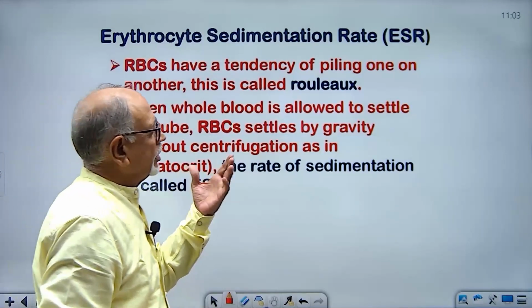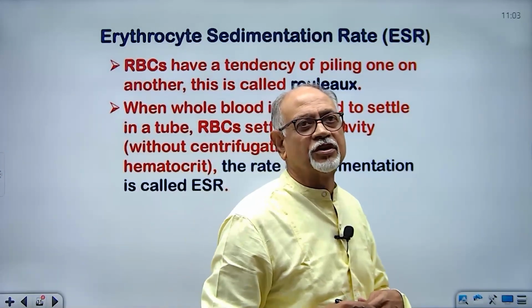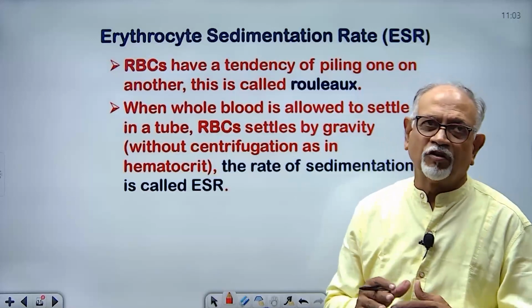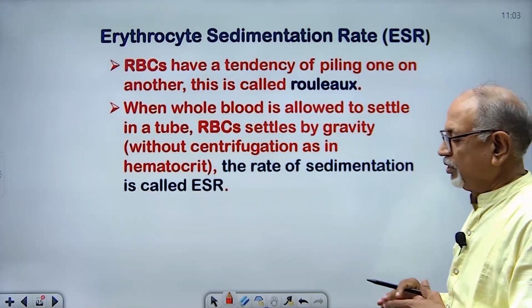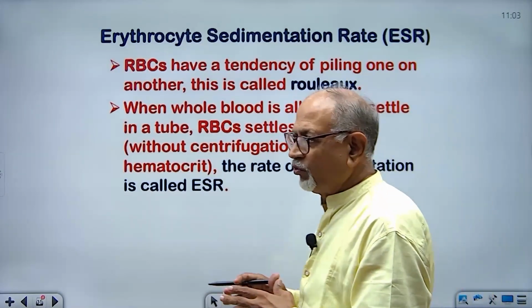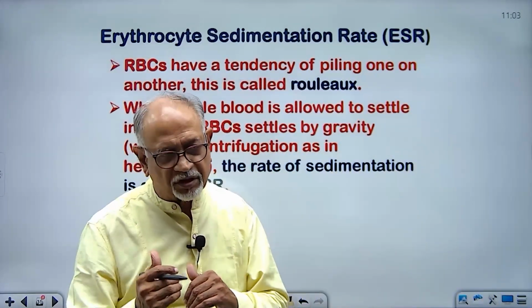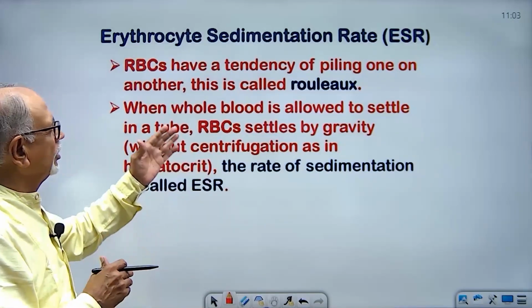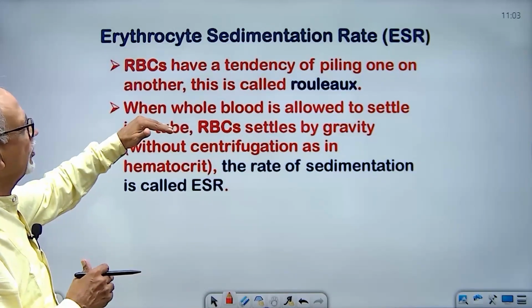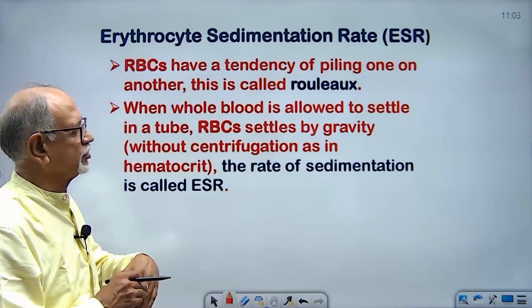Now, another parameter used in the diagnosis of blood is the ESR value. Hematocrit value was the sedimentation of RBC after centrifugation. Here, it is the sedimentation of RBCs without centrifugation.